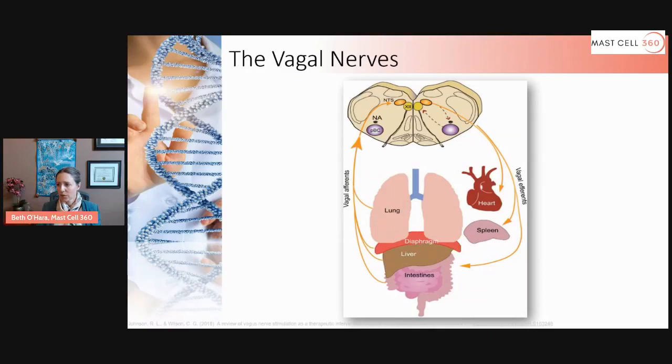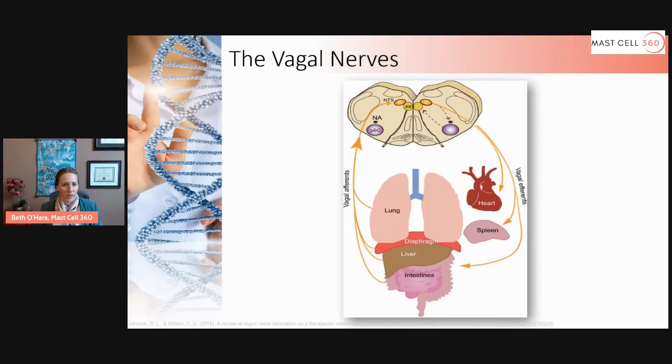This is a picture from a 2018 paper called A Review of Vagus Nerve Stimulation as a Therapeutic Intervention. Heart, your spleen, your lung, your diaphragm, so a lot of breathing issues, and even problems like hiatal hernia and acid reflux. Not always, but a lot of times it can be related to the diaphragm being locked up. Liver, the intestines.